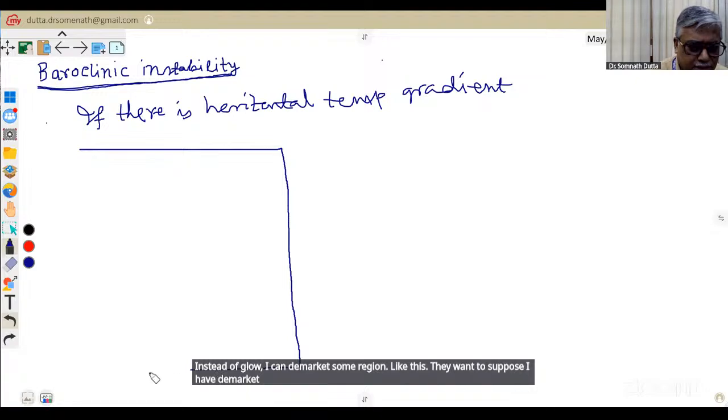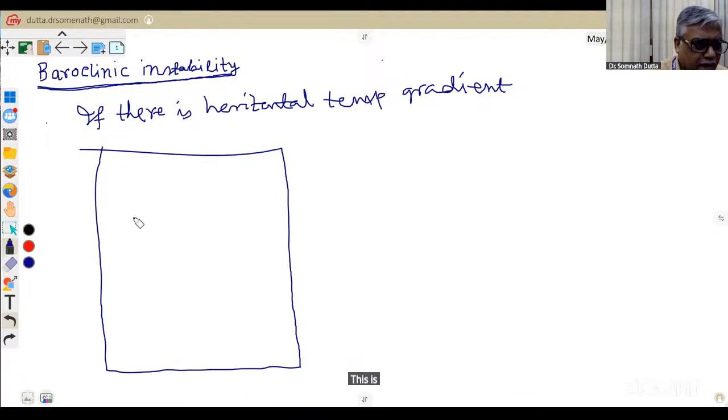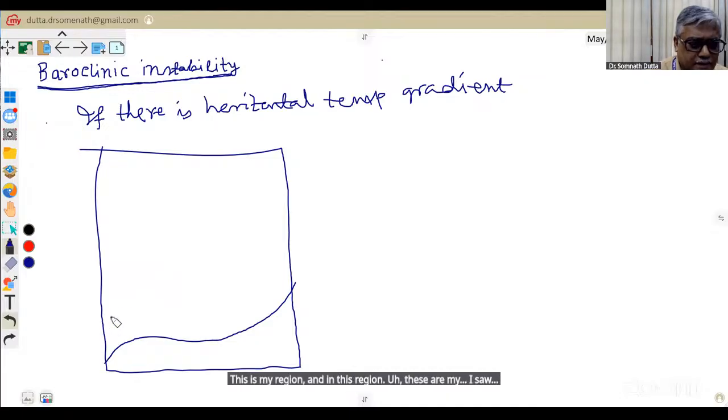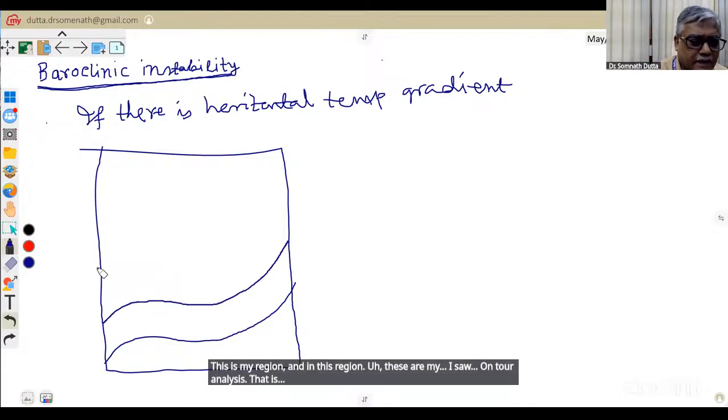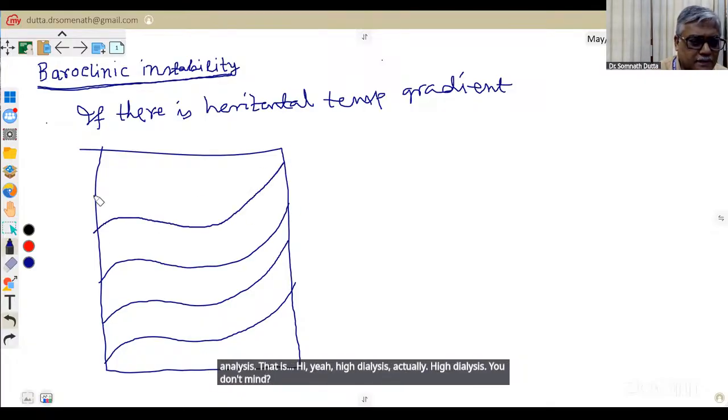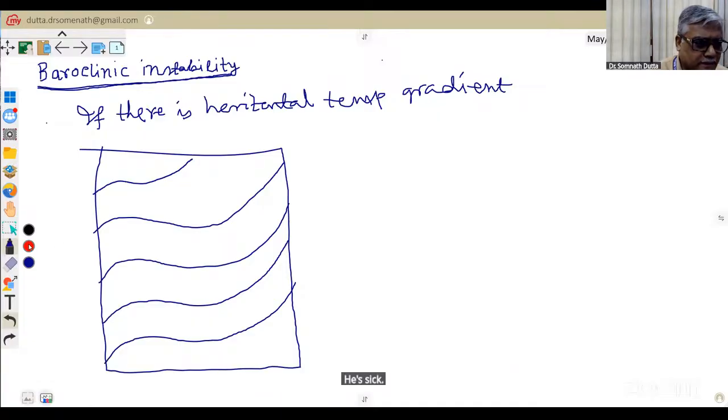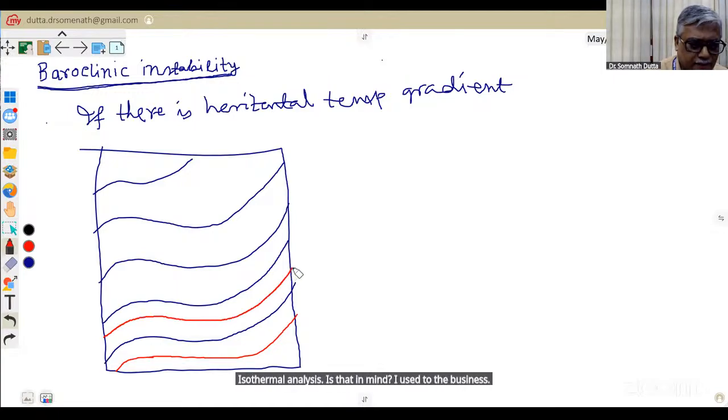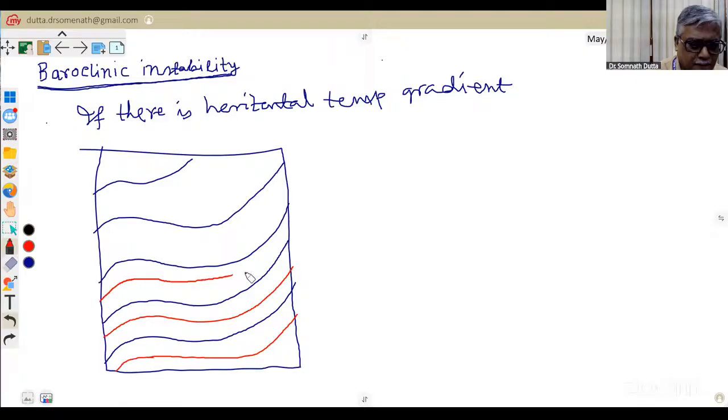This is my region, and in this region, these are my contour analysis, that is height analysis. And suppose these are my isothermal analysis.